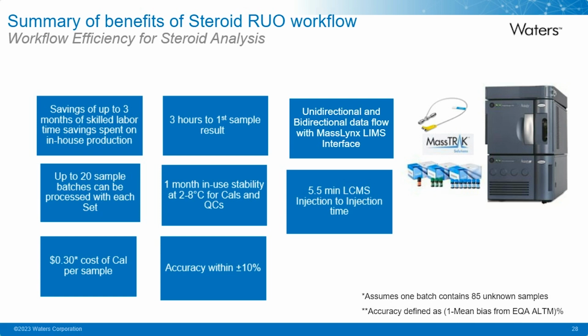We have the benefits of the MassLynx LIMS interface as well at the back end, where we've got exchange of data flow between MassLynx and any LIMS systems you have in place. So that improves your efficiency in the lab. And you also have the injection-to-injection time, which gives us 5.5 minutes over the course of separation of 7 steroid hormones.